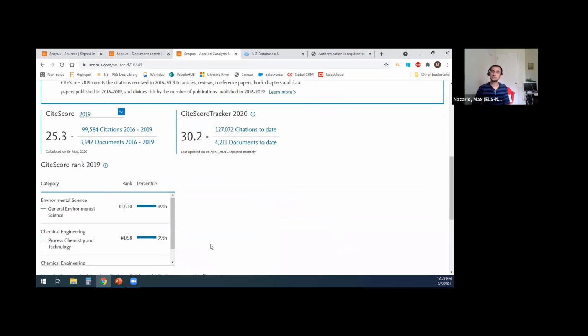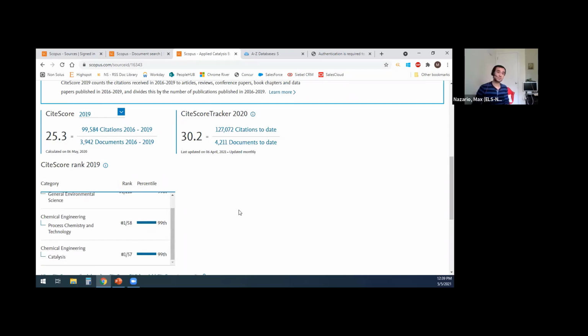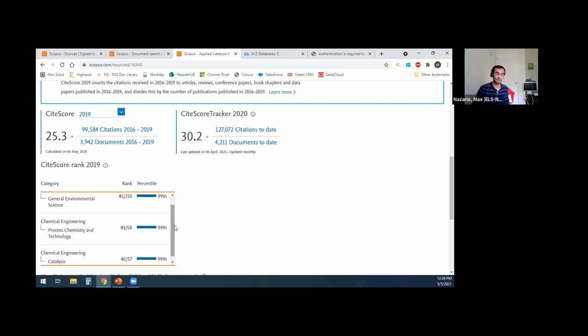One last thing I do want to mention about these ranks: although there are a lot of journals in Scopus, and some are of course going to appear at the lower end of any CiteScore rank, I do want to stress that all of the information in Scopus is vetted by a content selection and advisory board. The process for evaluating those journals is ongoing.